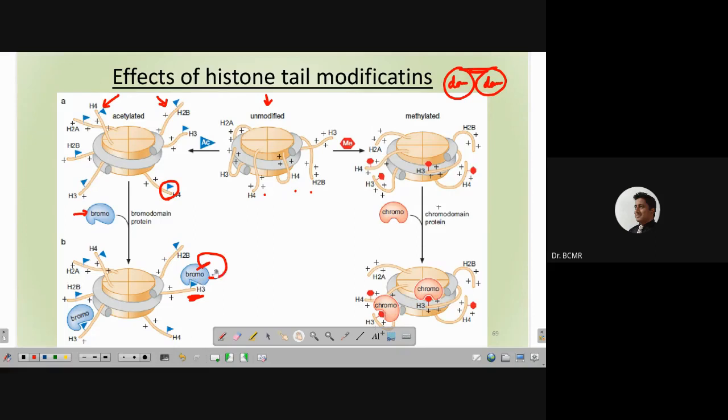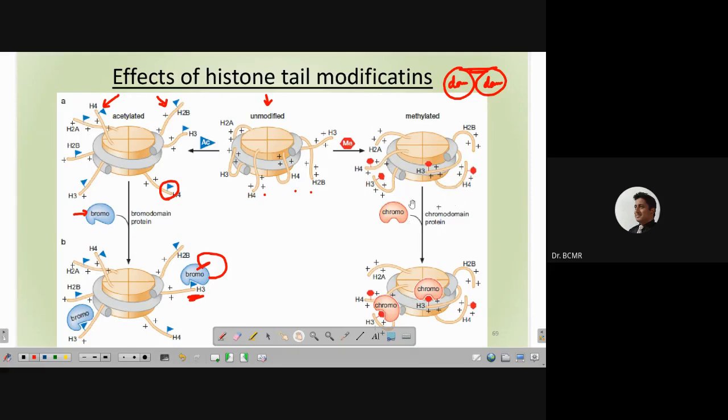There will be another domain which may carry out some function. That is the enzymatic part. Similarly, we may have methyl groups. Methyl groups, see, they are just CH3, so they do not change much of the electrical charges on the histone tails.